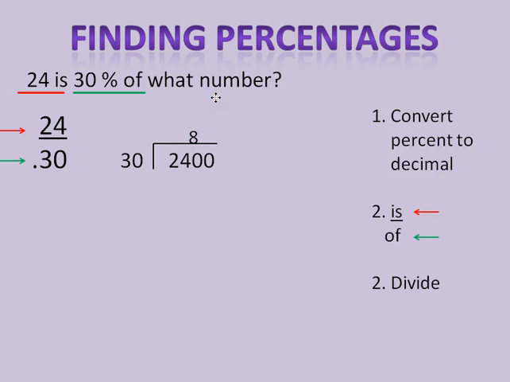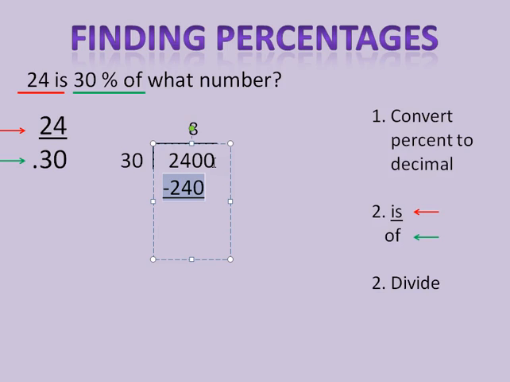Let's get rid of that decimal. Now I know that 8 times 30 is going to equal 240. So I know it's going to equal 240. I need to put a subtraction sign up there because we're going to be doing some subtraction now.